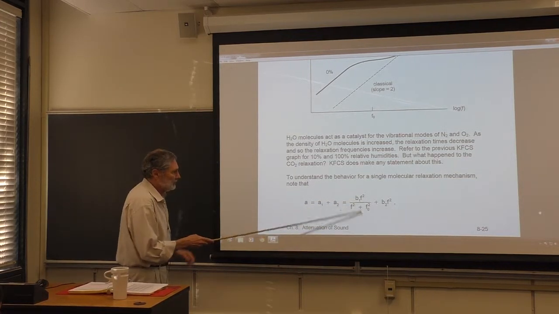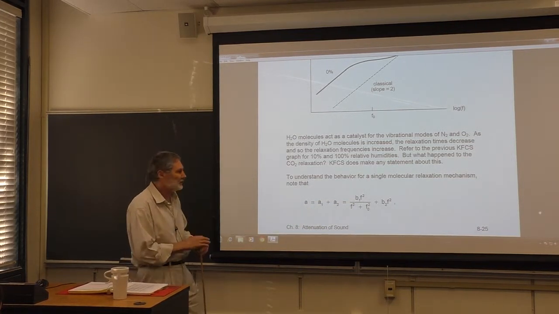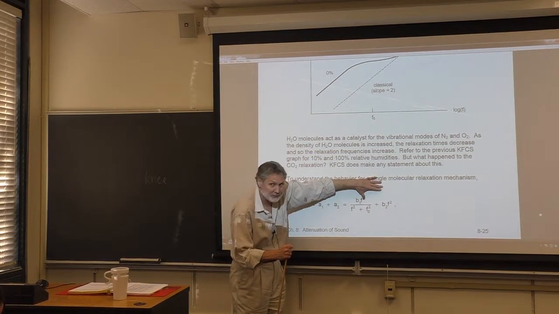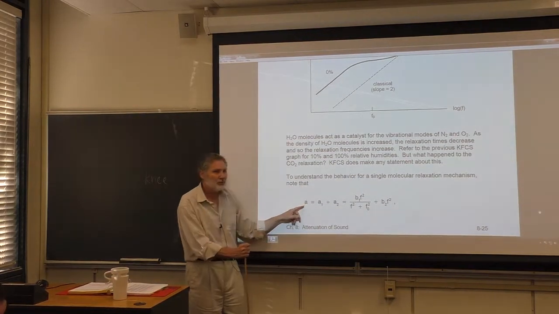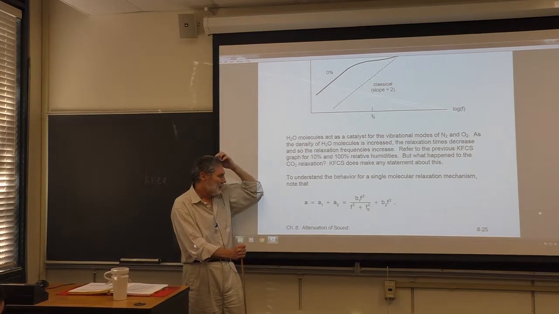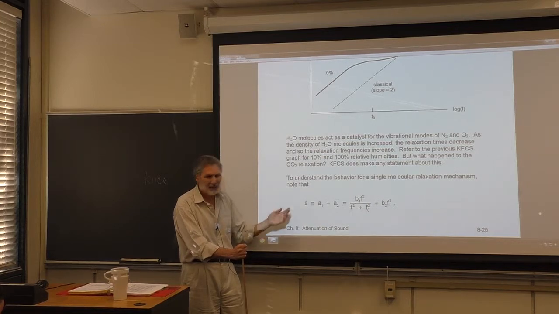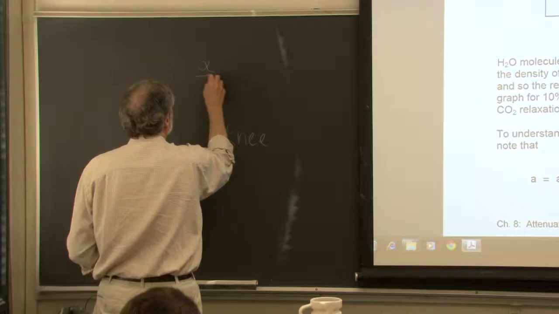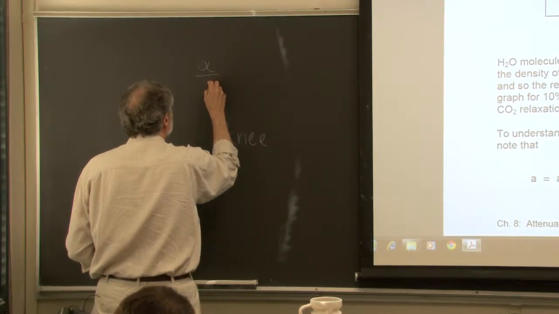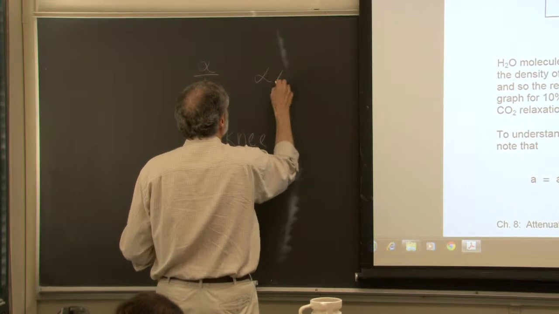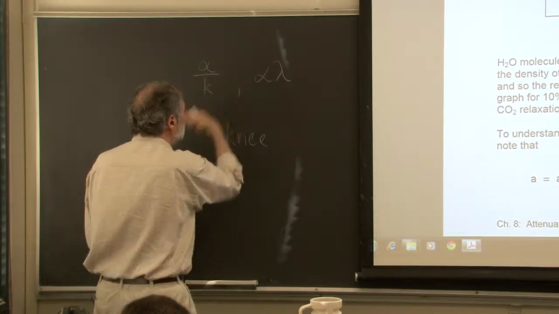If you look back at our example of carbon dioxide, you'll see we had something similar. I think it was to the first power there, but that's because we were looking at alpha over k, or alpha lambda, essentially the same thing. These differ by a factor of 2 pi.